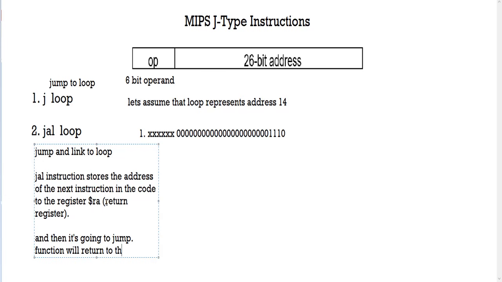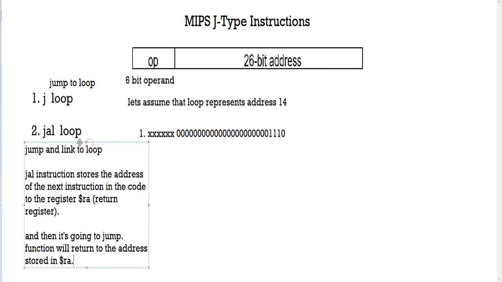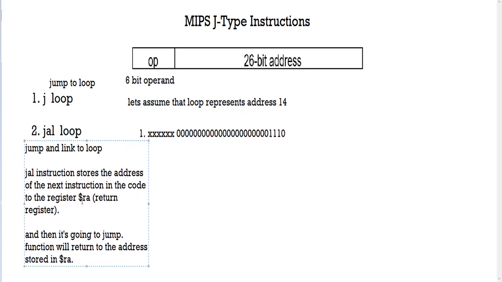So this is quite simple. JAL is called, the address of the next instruction is stored in RA, and when the function has finished executing, it will return back to the address that was stored previously in RA.